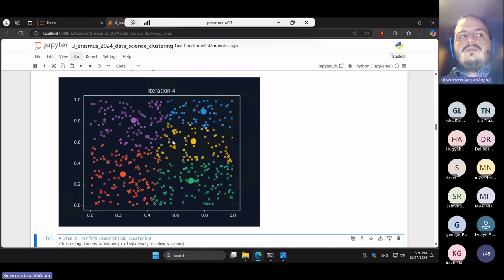This is the most common, the most established criterion for understanding which sample belongs to which particular cluster. And after we've done this initial attribution of points to clusters, what we need to do is update our centroids.